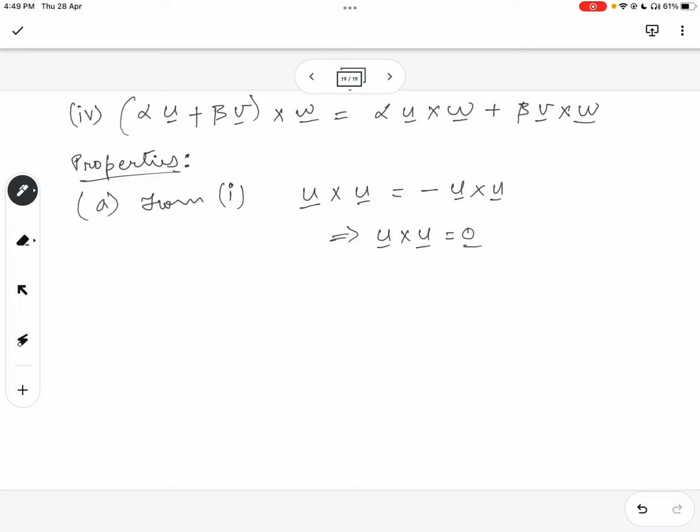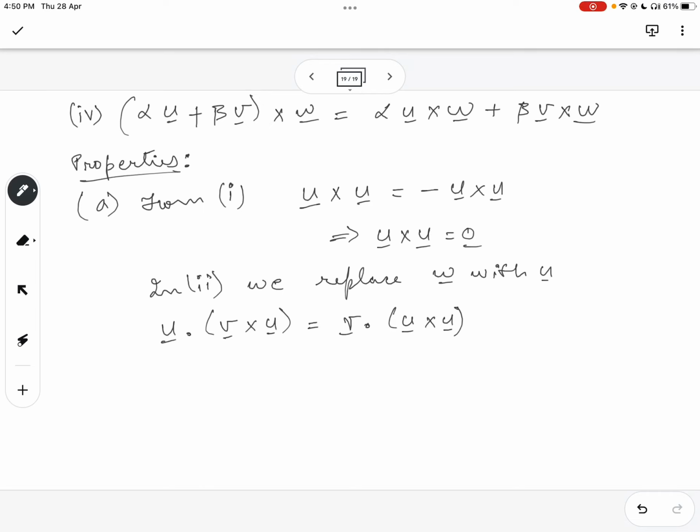Similarly, in rule 2, we replace w with u. We get u dot v cross u is equal to v dot u cross u is equal to u dot u cross v. Now, as this is 0, u dot v cross u is equal to u dot u cross v is equal to 0.